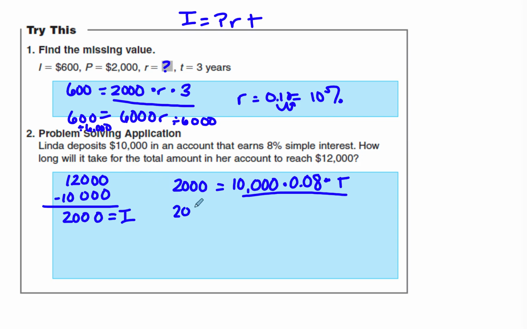So 2,000 equals 800t. Then we're going to divide to isolate our variable. So we're going to divide both sides by 800. So 2,000 divided by 800 gives me 2.5, which is 2.5 years.